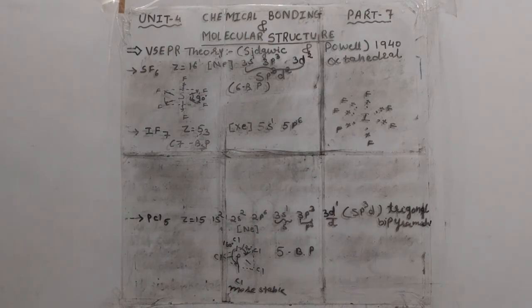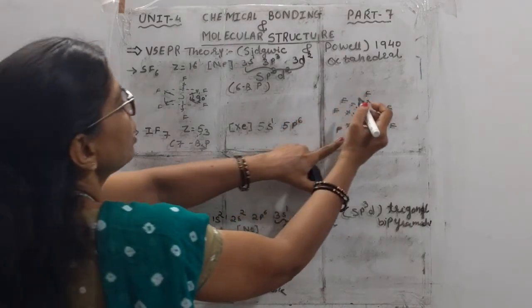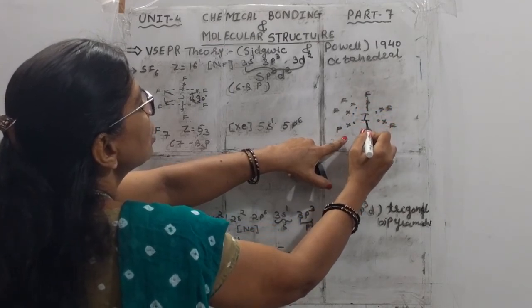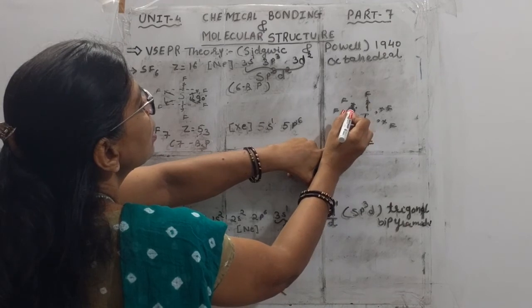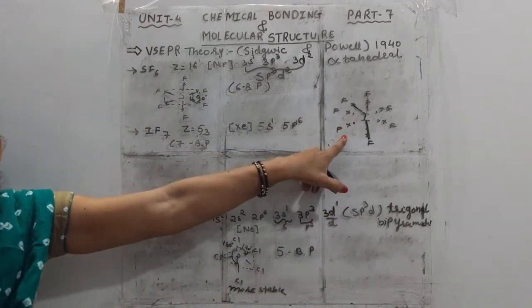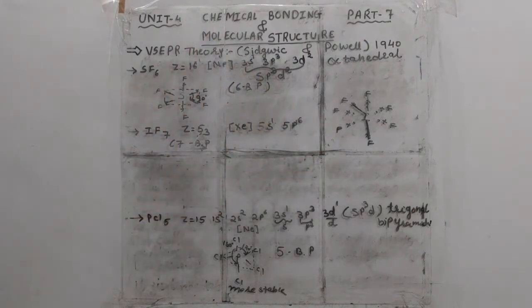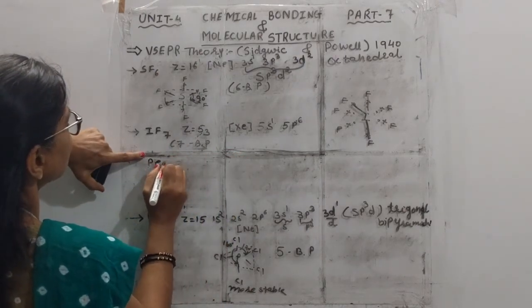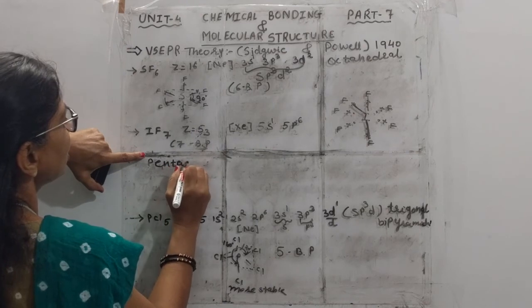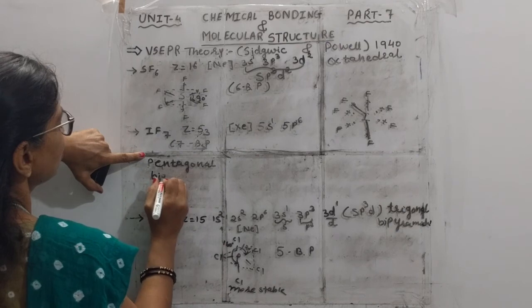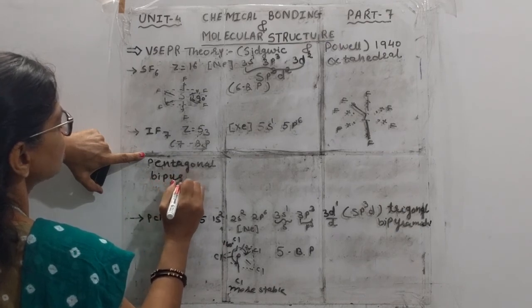And here if we see the shape, here also you can see this is the axial position. So here something like a pentagonal shape. You can see some 5 angles, students. So here the shape is pentagonal bipyramidal.